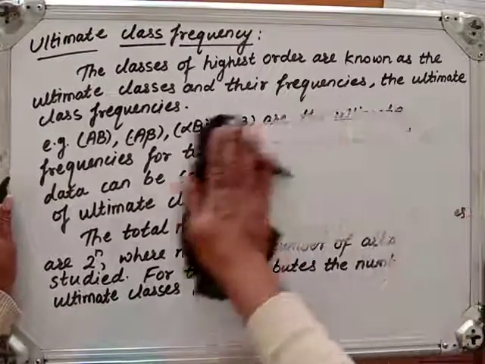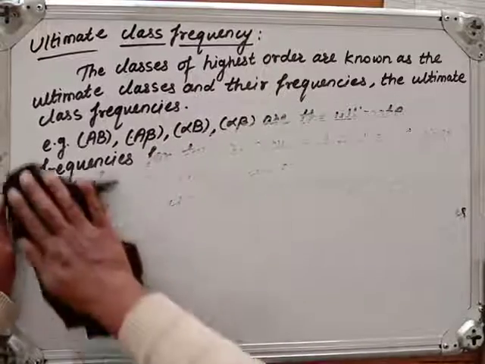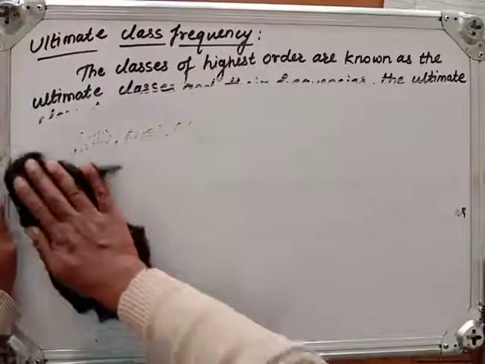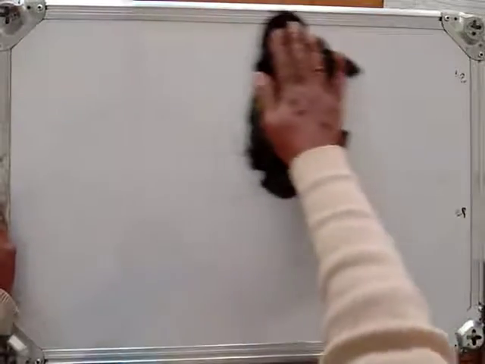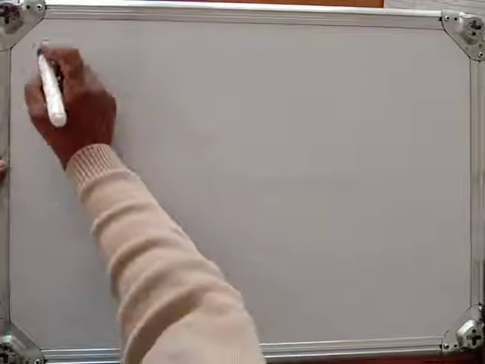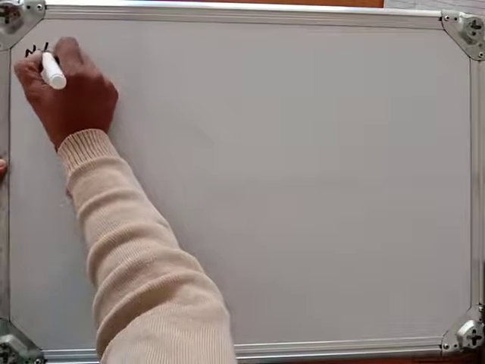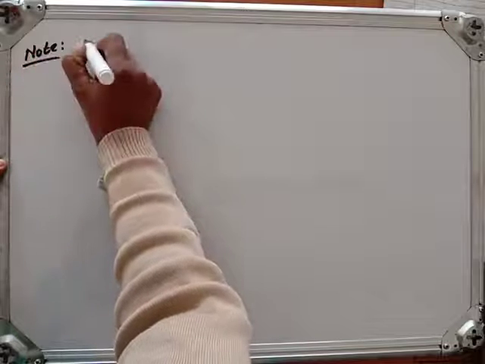Now from this, the frequencies of positive and negative ultimate classes can be obtained from the previous table of relation between the classes and their complementary classes. Now here let's write one note. That note is also important.